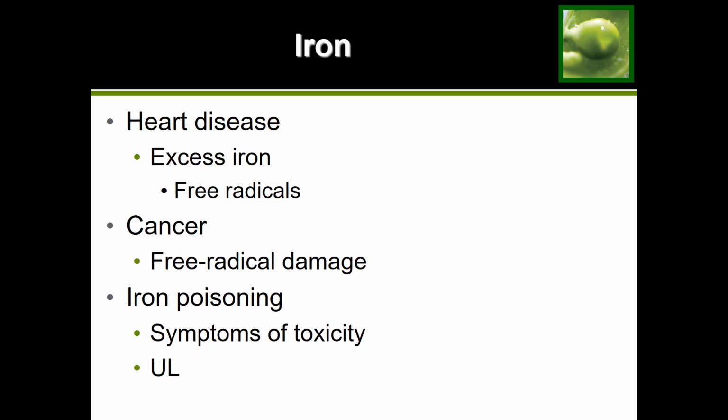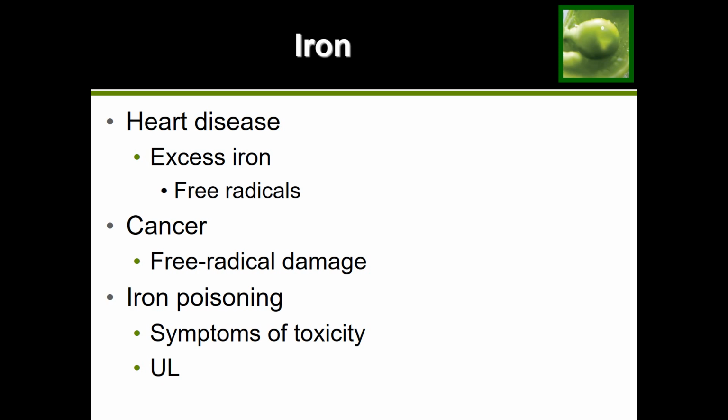Now, the reason it's so important to deal with iron toxicity if it does develop is because it can start causing some really big health issues. And the main reason it does this is because, remember, we said one of iron's roles is to act as an antioxidant. And one thing that we mentioned before is that when you have too much of an antioxidant, it actually starts acting like a pro-oxidant.